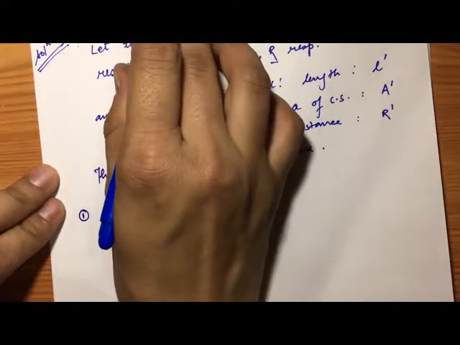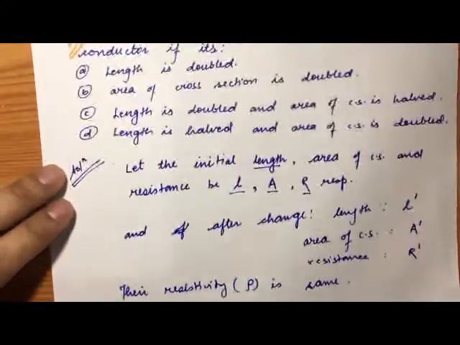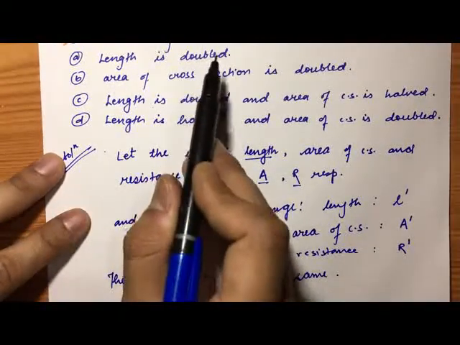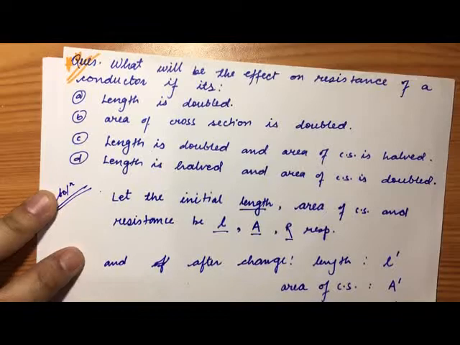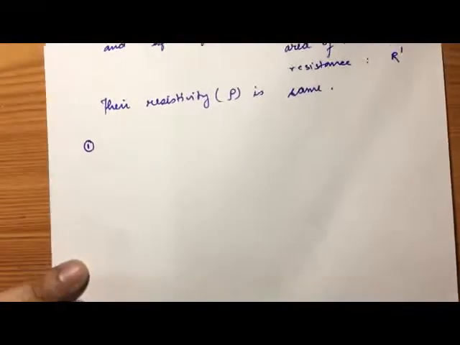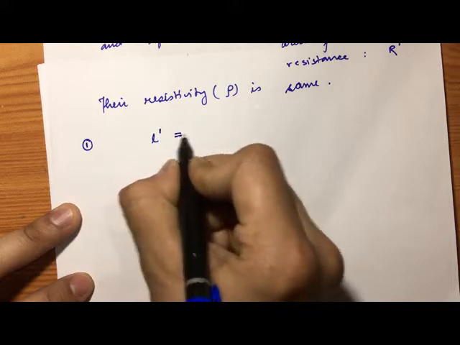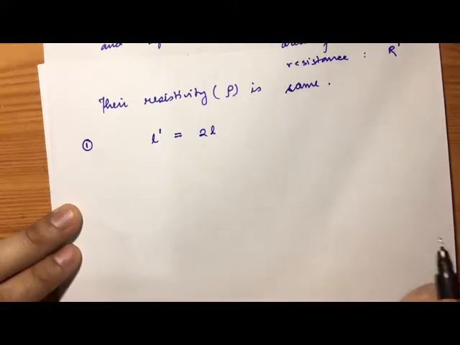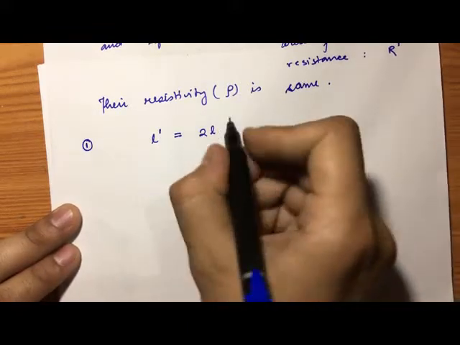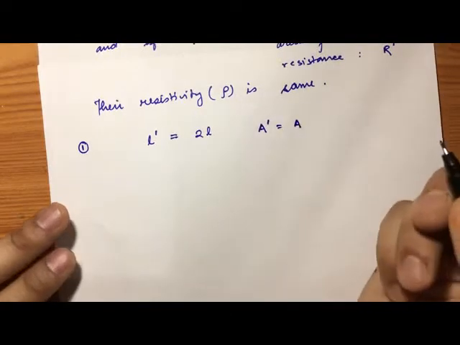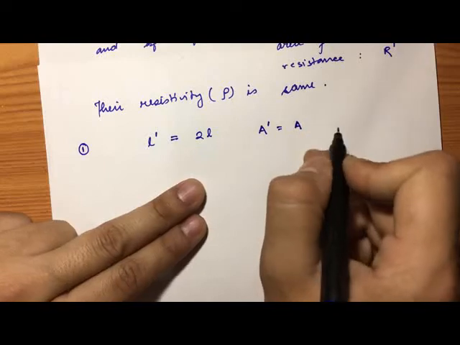Length is doubled, only length is doubled. Okay, what does it mean? It means that my new length is double of initial length. Area of cross section isn't given, so I will consider that both are equal.